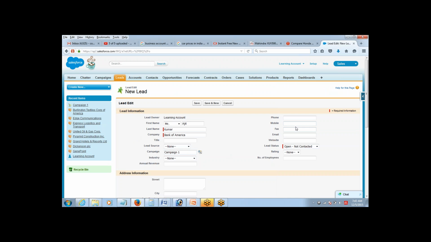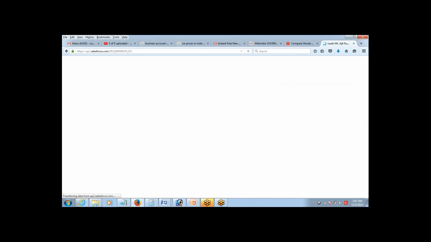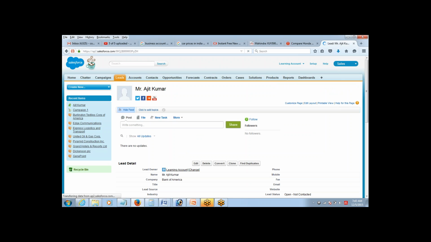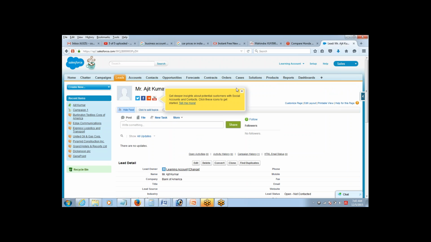Some phone number, mobile number, email, fax that we can enter. So now I have the campaigns and the leads, correct? Campaigns and leads are tracked. Now I am pretty okay with this part.